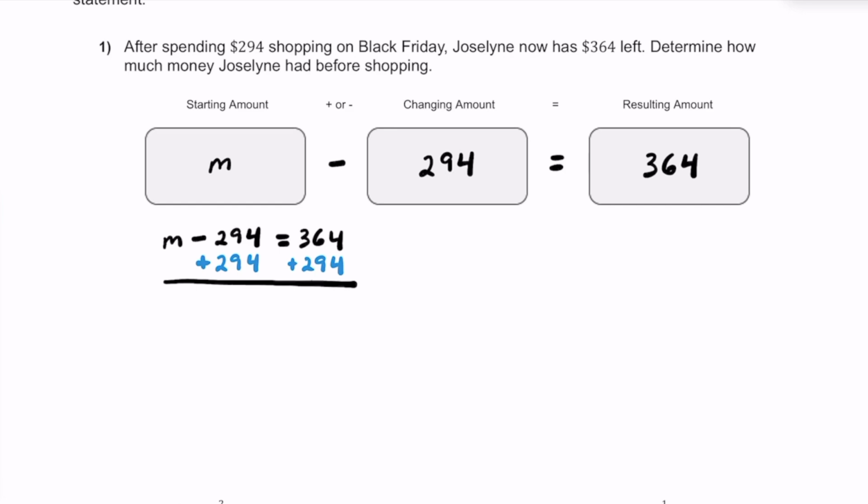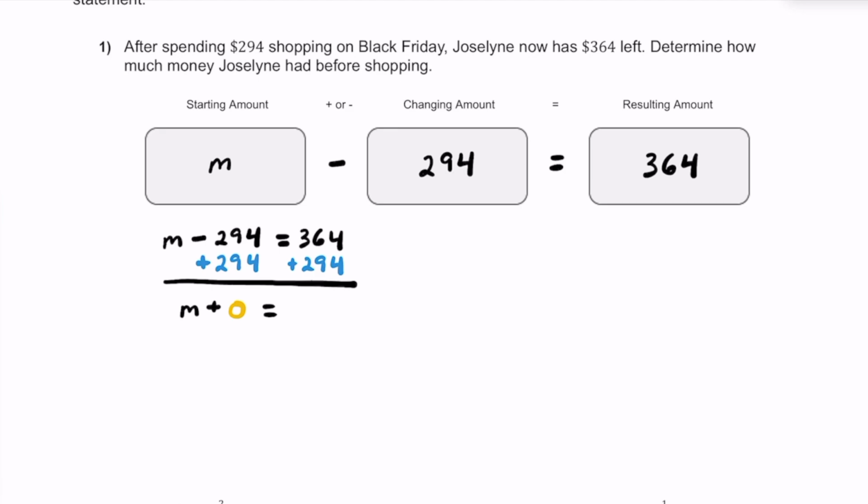So what is a minus 294 and a plus 294? Well, those are opposites. Opposites always combine to make 0, right? So we have M, the amount of money that Jocelyn had before shopping, plus nothing, is equal to, and we have to figure out what's going to be on the other side of the equation.